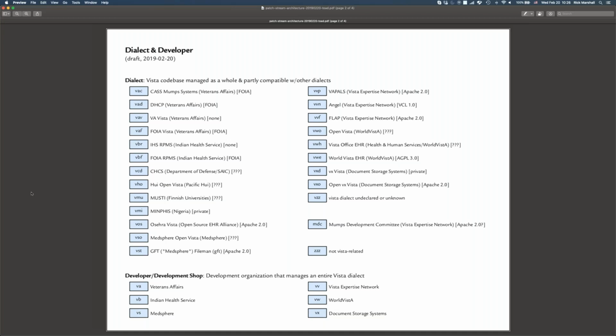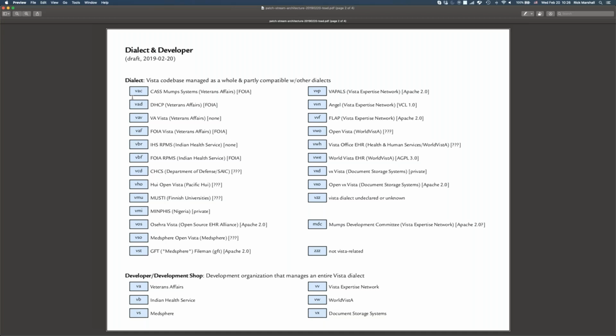We based the schema for naming dialects partially on that, but not completely. We had a couple of other things that we wanted to solve. And one of the things that we want to solve is we want the first letter of the dialect code to make clear which software community we're talking about. So all of the Vista development, whether it's done by IHS or if it's being done in Nigeria or in Finland or Jordan or it's by VA or it's World Vista or whoever it is, the dialects all start with V. V is for Vista. We're giving away an entire letter of the alphabet.